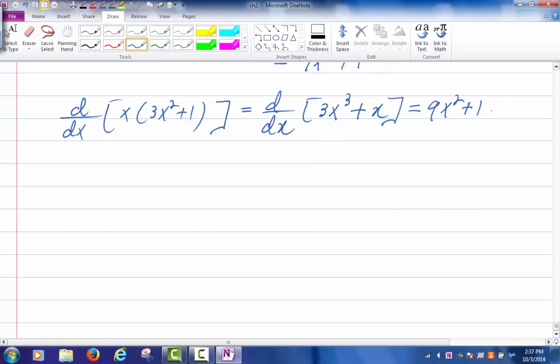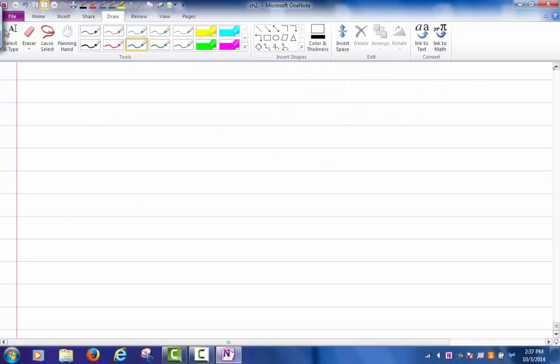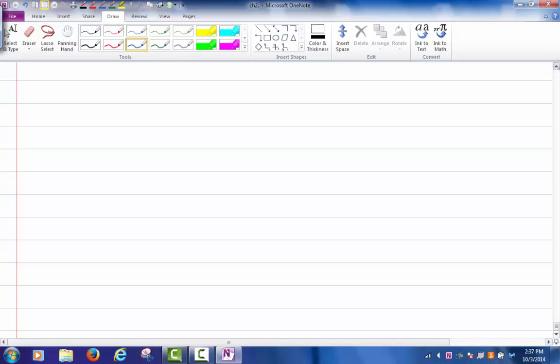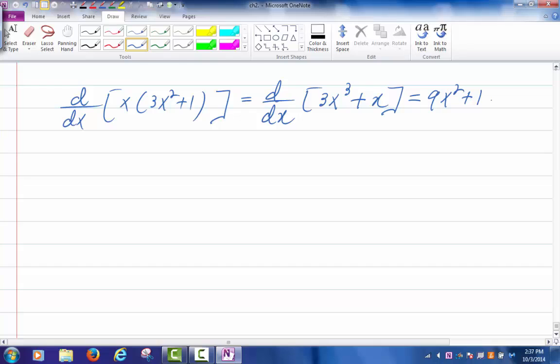But sometimes multiplying would be actually more tedious to do. So let's look at an example where you should be applying the product rule instead of trying to multiply out and then take the derivative.